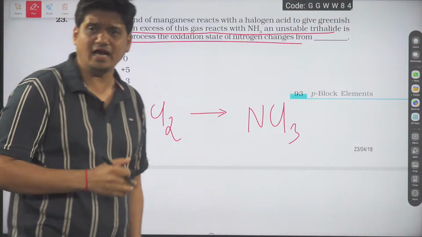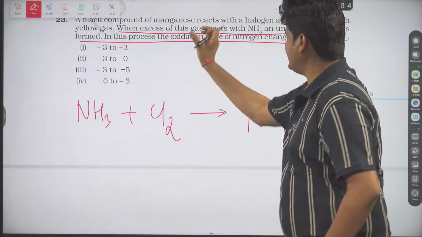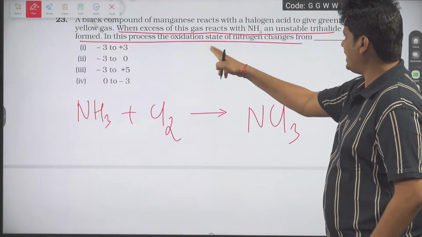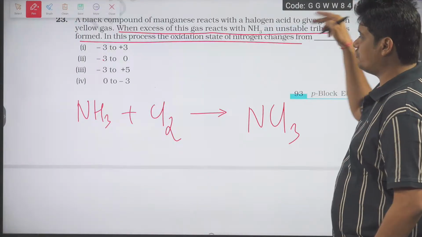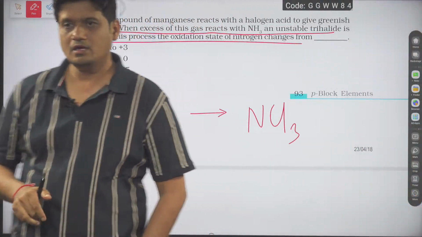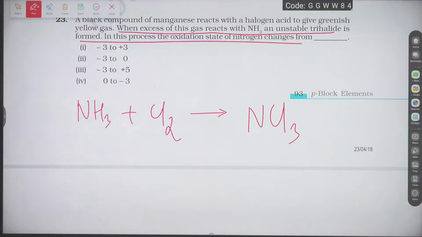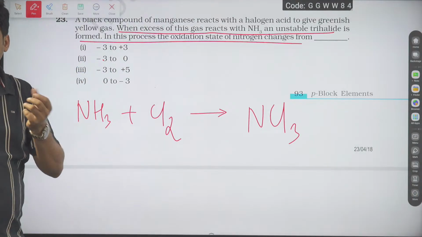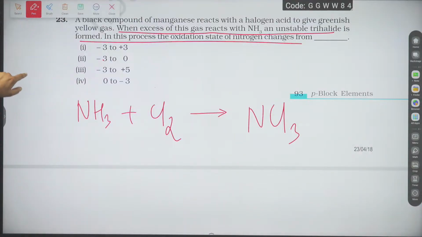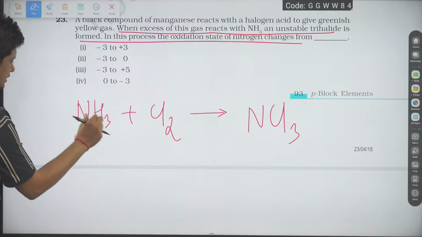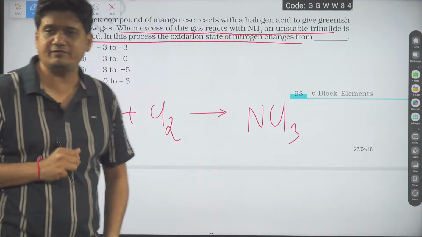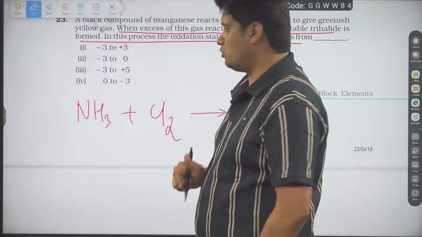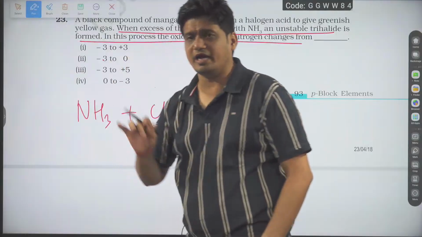Now what question are they asking? In this process, oxidation state of nitrogen changes from. And check the options. They are giving -3 to +3, -3 to 0. This kind of options given. So tell me one thing.